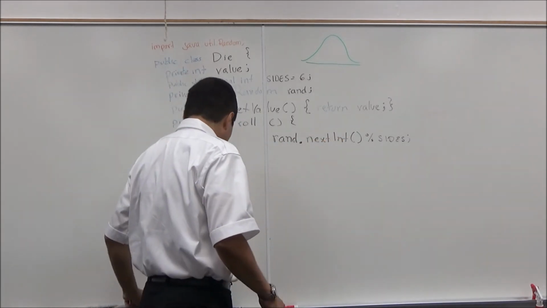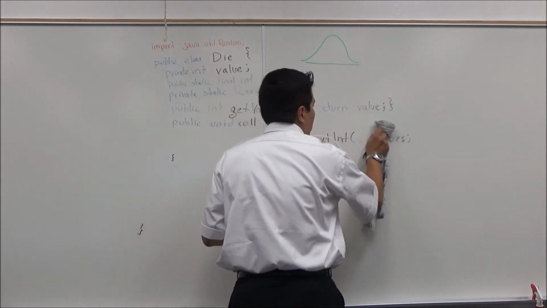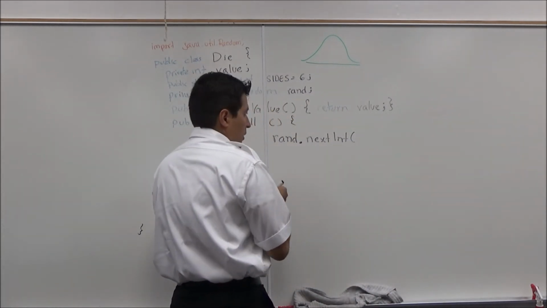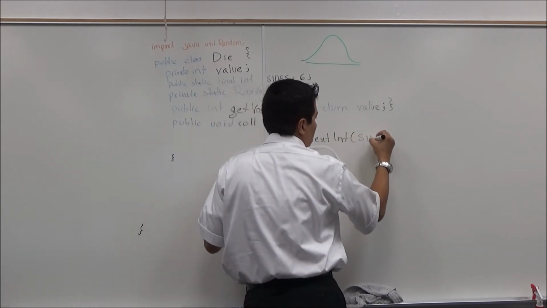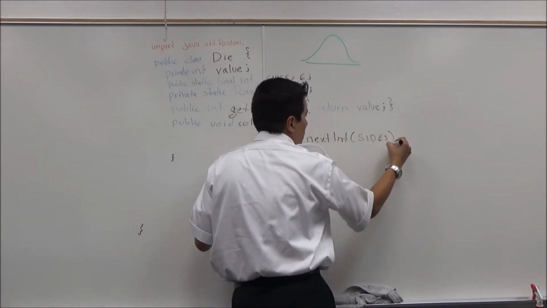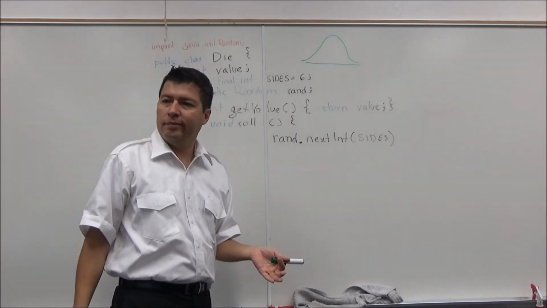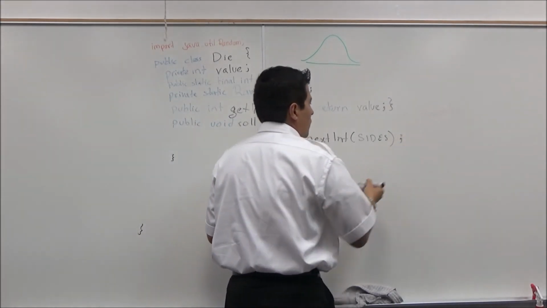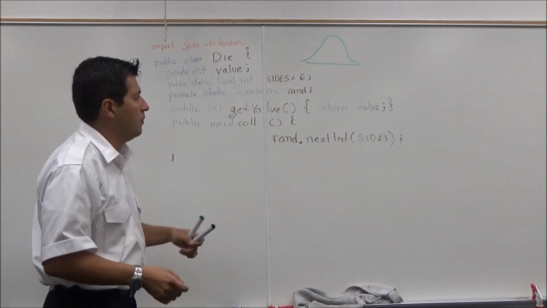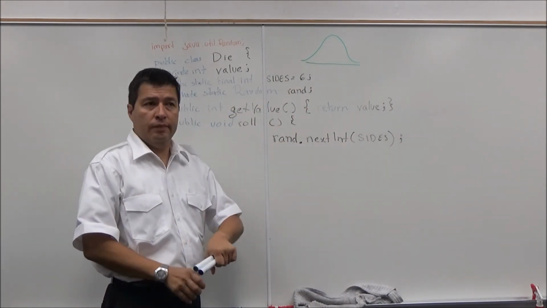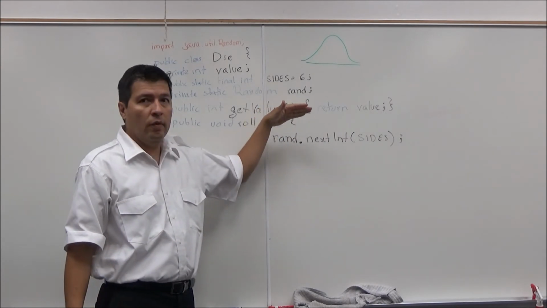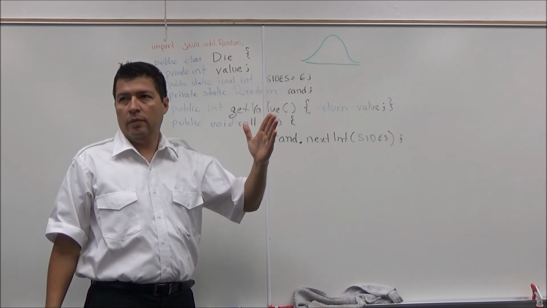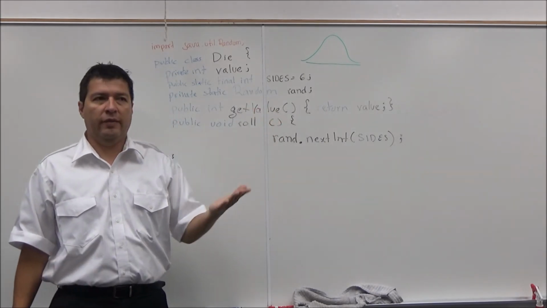Or I can do it, there's another flavor of nextInt that takes a number, which does exactly the same thing and makes this modular division. So in other words, it'll give you numbers from 0 to 5. That's 6 numbers. 0 is a number.